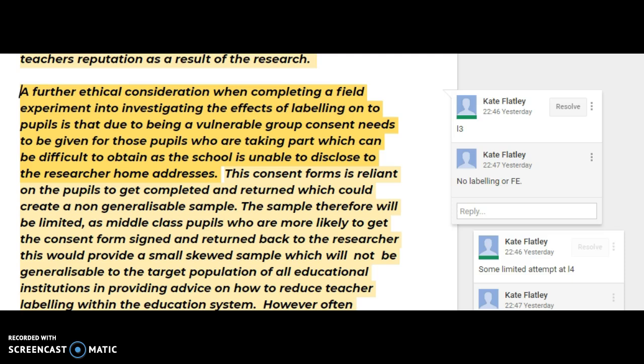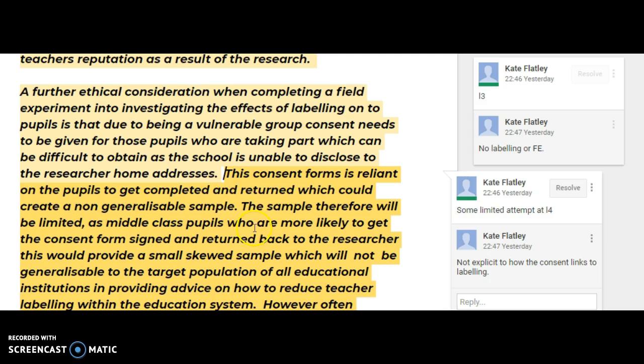The final ethical consideration is the effect and about having consent on these vulnerable groups. It is going to be difficult to obtain. The school is not going to disclose home addresses, so that is going to be a solid level 3. Again, no application.